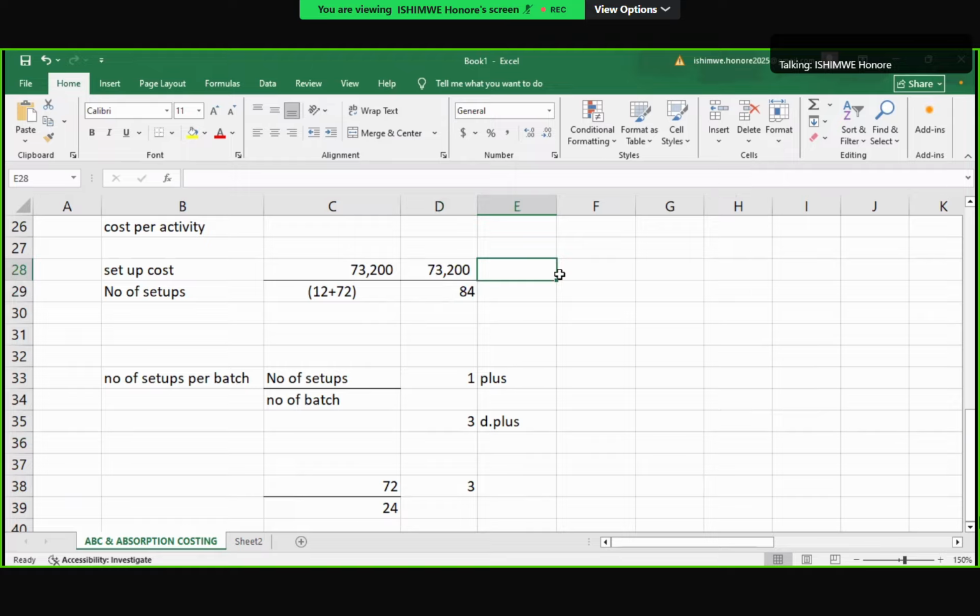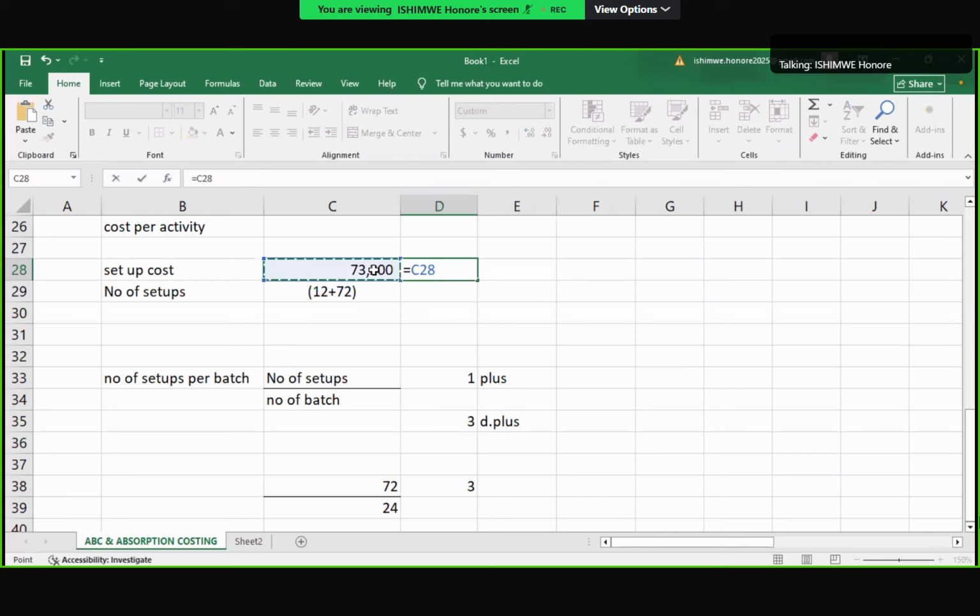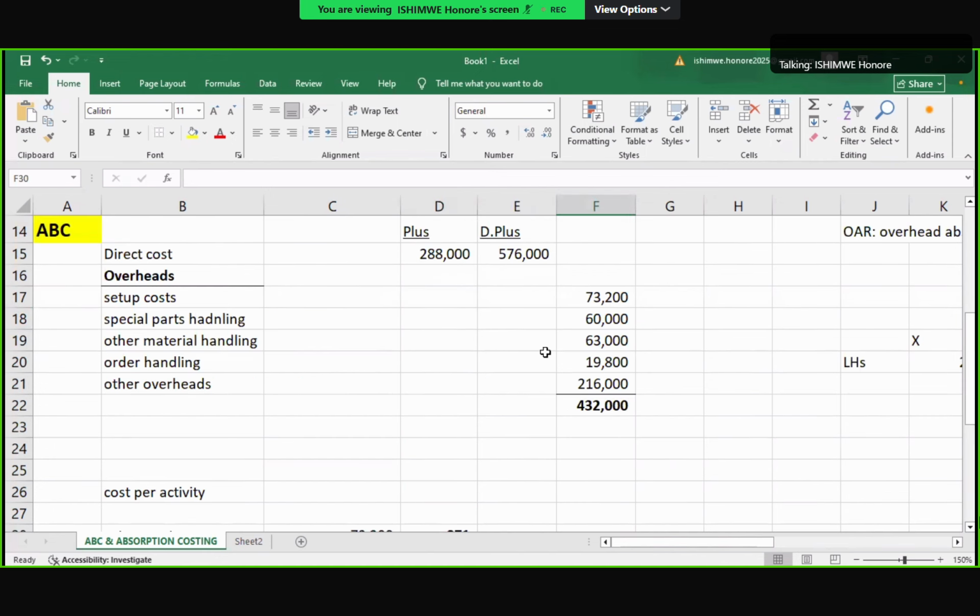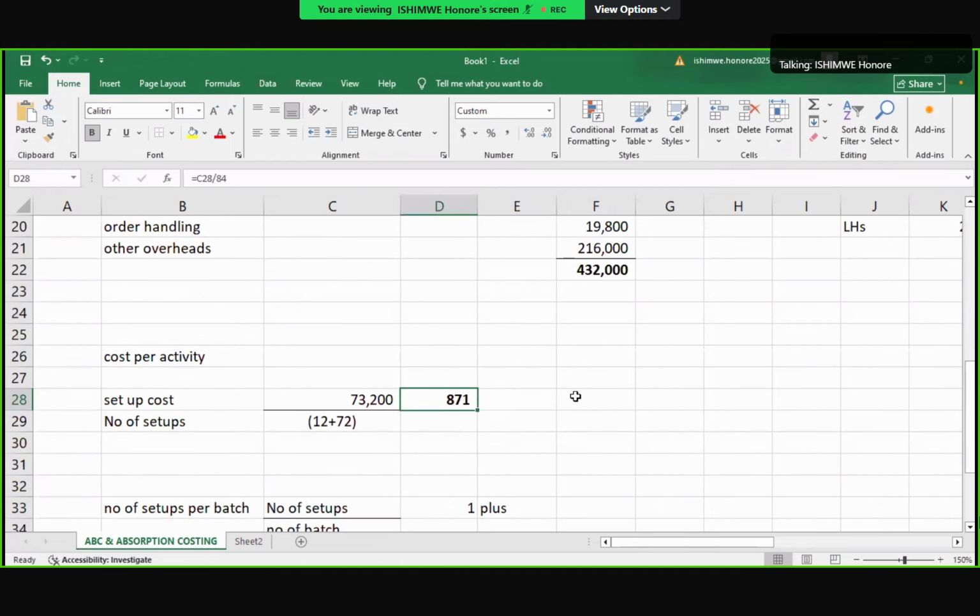So we can determine now: is this over 84? 87.1. I get my answer here, 87.1. So once you get 87.1, this is the cost per activity. This is step 1, cost per activity.